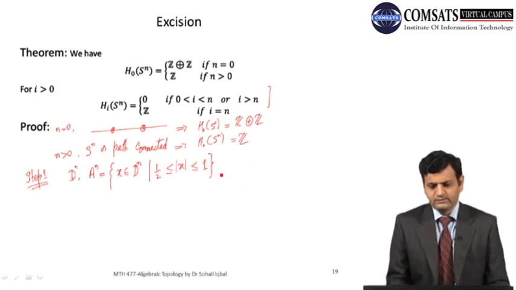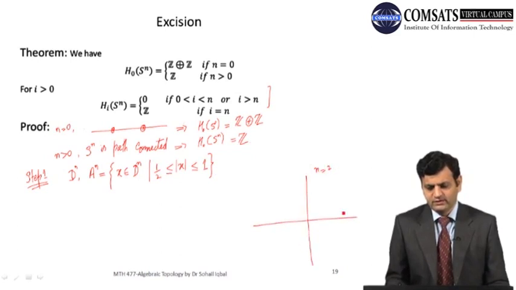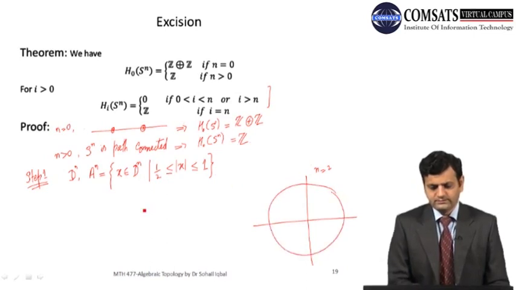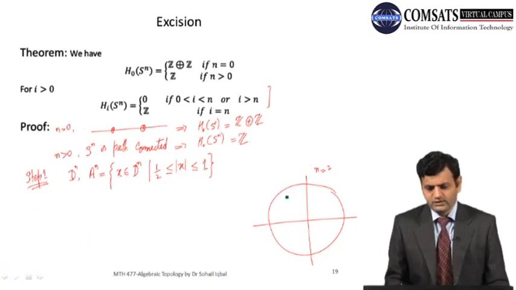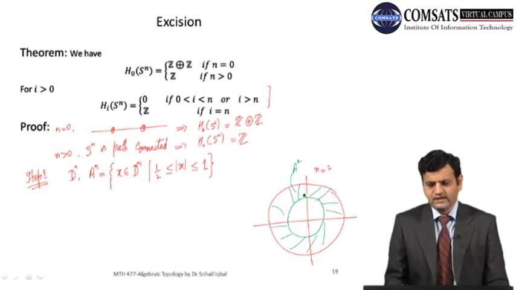For example, if we take n equal to 2, then D2 is a disk inside R2, and A2 will be this portion, this green shaded portion. So basically it is an annulus inside this disk.